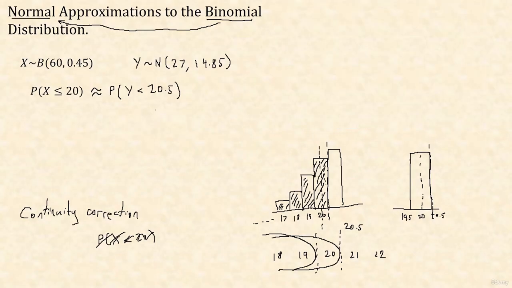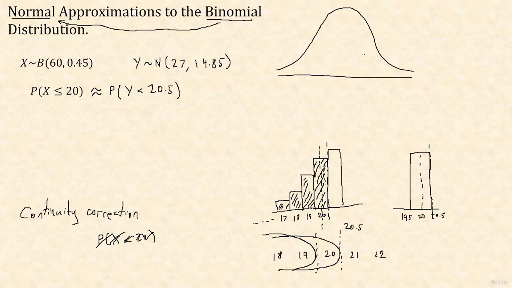Okay, let's get some more room. Now all we need to do is solve this, and we solve it in the normal way. No pun intended. So we've got our distribution with a mean of 27. And we want the probability of being less than 20.5. So we want this probability here, and we want the z value associated with 20.5.